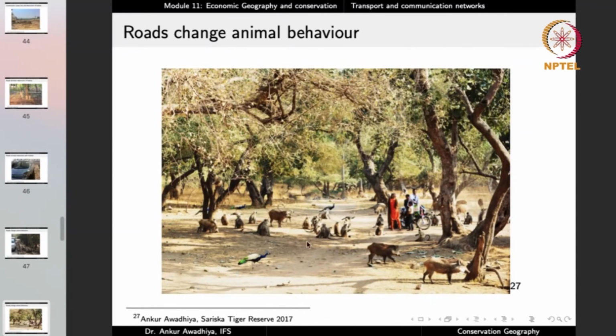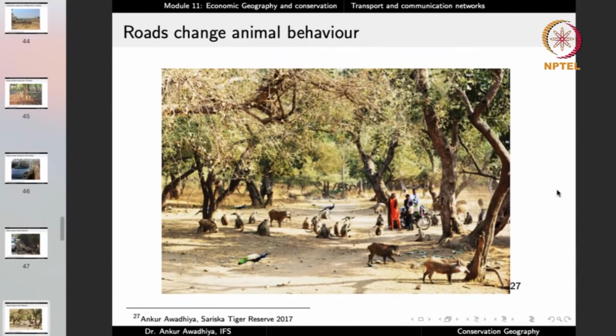So you are finding macaques, you are finding langurs, you are finding pigs, you are finding peacocks, and so on. Now, typically if you enter into a forest area, the animals will run away from you. But now when they see these people inside, they are flocking towards these people.